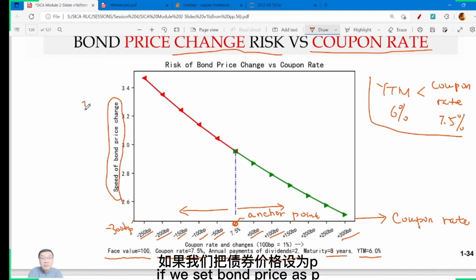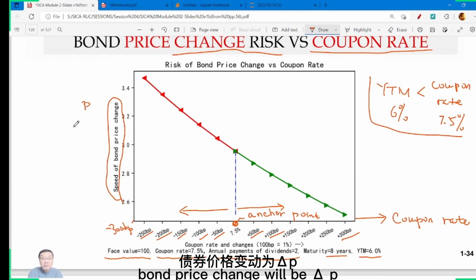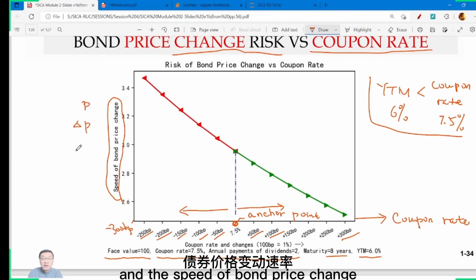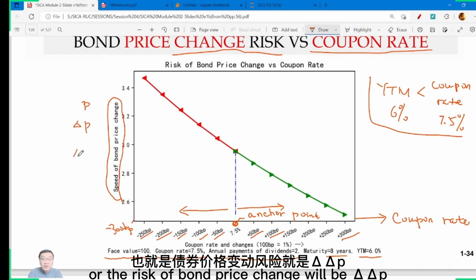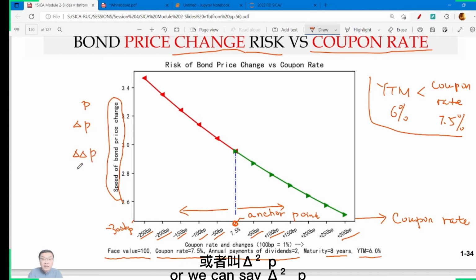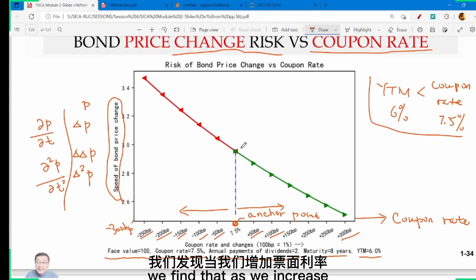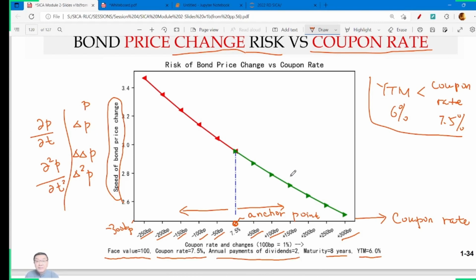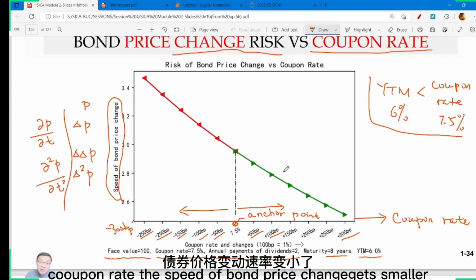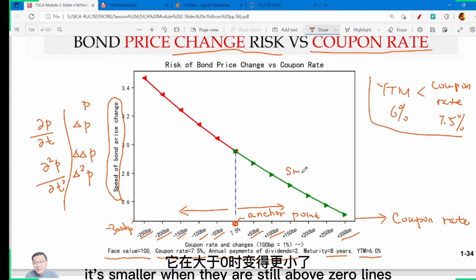If we set bond price as P, bond price change will be delta P, and the speed of bond price change, or the risk of bond price change, will be delta square P. Anyway, we find that as we increase coupon rate, the speed of bond price change gets smaller, but they are still above the 0 line.